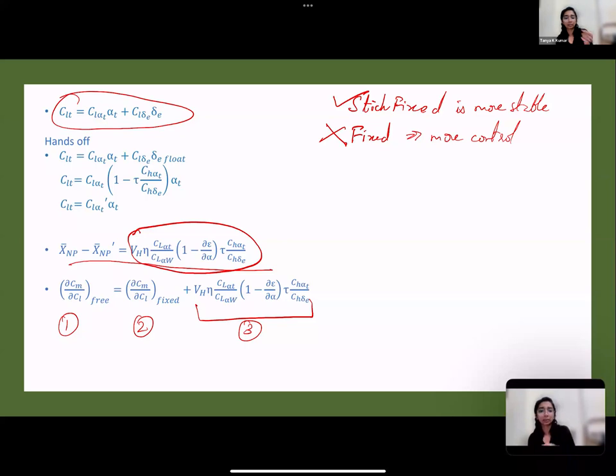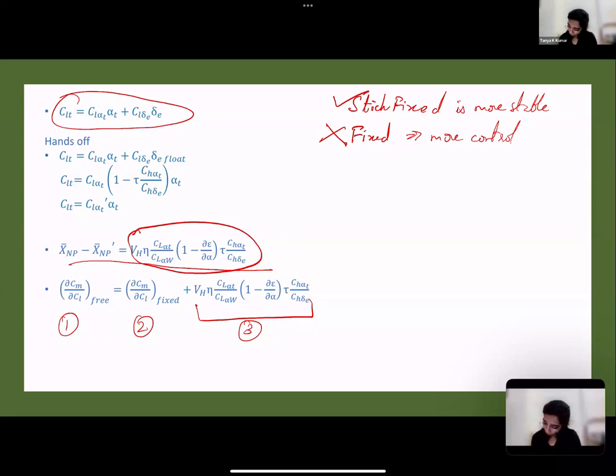It's the last equation. Look at that and tell me. Okay.